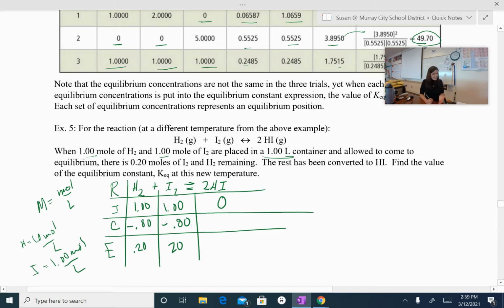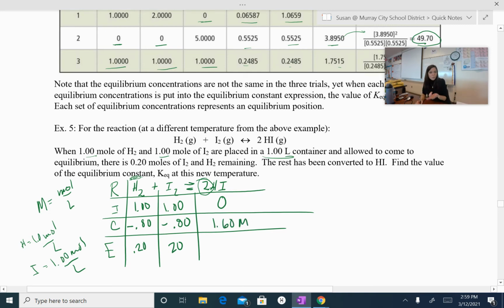Do you guys agree with that? Okay, and now if you notice, for each one of these hydrogens, I make 2 hydrogen iodides. So if I lost 0.8, wouldn't I make, what's 0.8 times 2? It's 1.6. So wouldn't I make 1.6 moles?